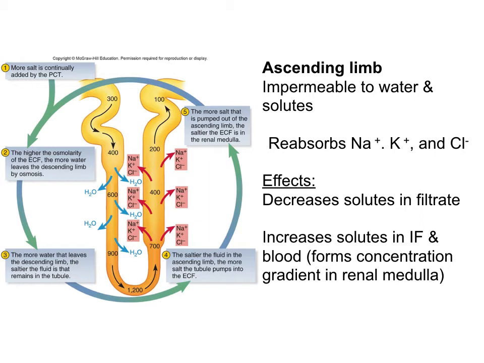The highest concentration is going to be very deep in the medulla. The lowest concentration is going to be very superficial in the renal medulla. So we have basically a really, really salty renal medulla, an environment surrounding this tubule that has a lot of salt in it.